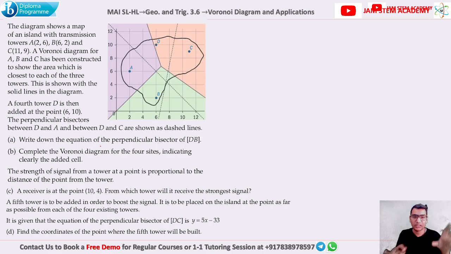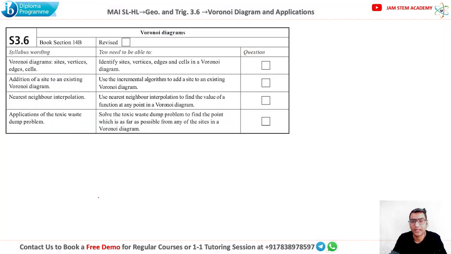After completing this Voronoi diagram, you have to check, if a receiver is at the point (10, 4), which tower is closest to that point. Find that out. Okay, (10, 4) will be a point over here, and you have to check after completing the new Voronoi diagram. So you can try this question by yourself. And if you have any doubt, you can ask me anytime. So this is your homework question.